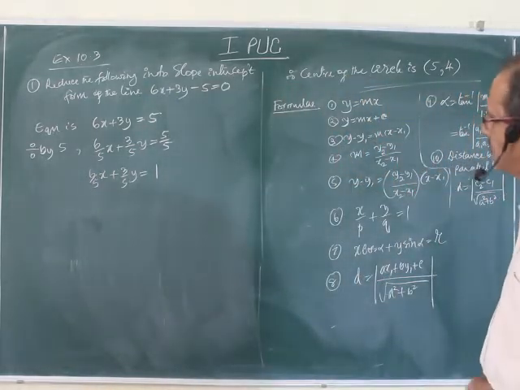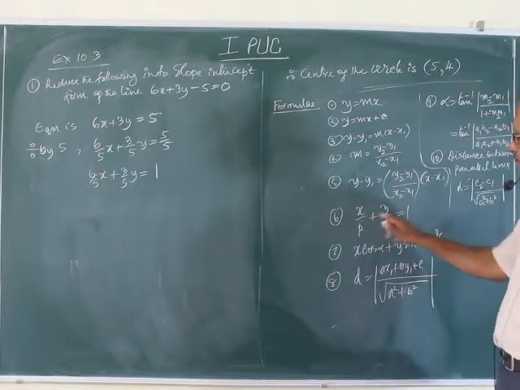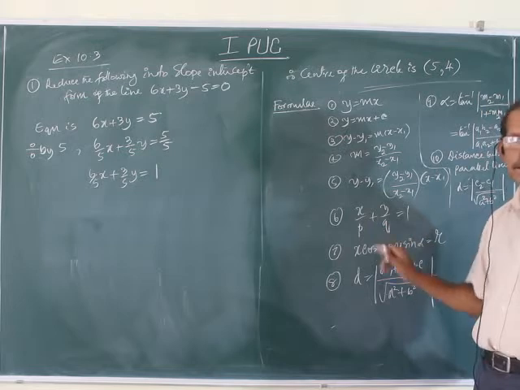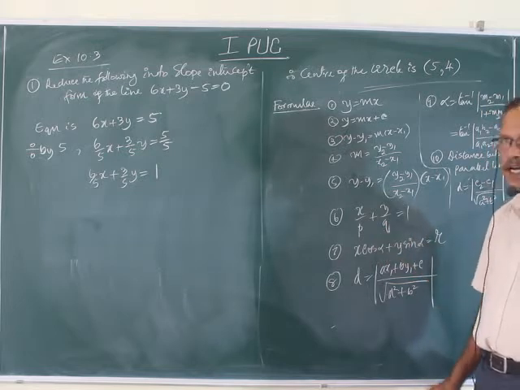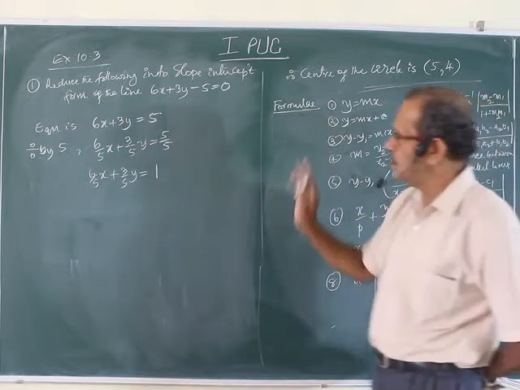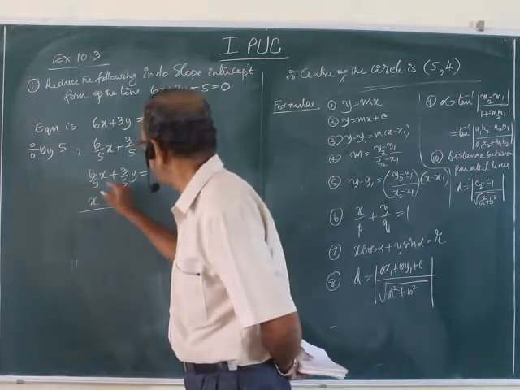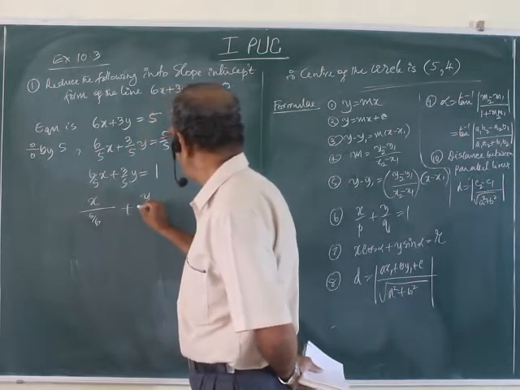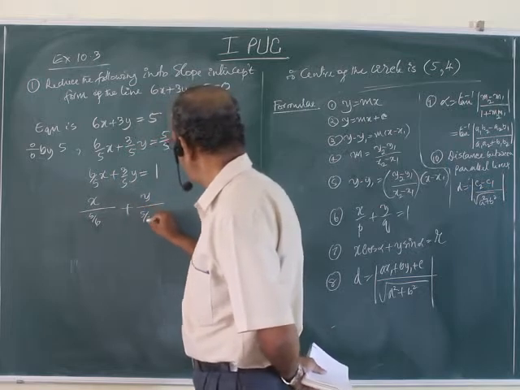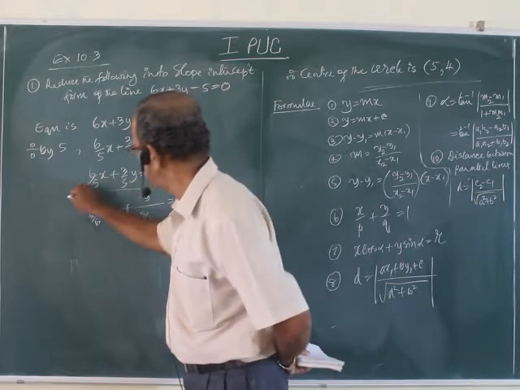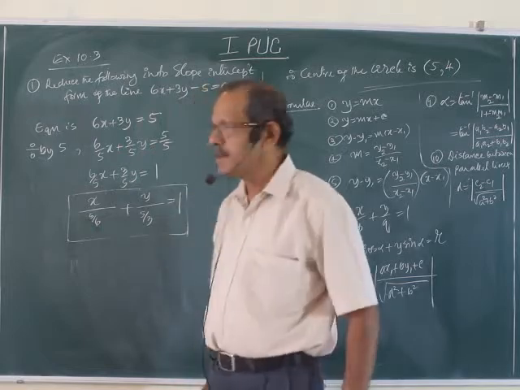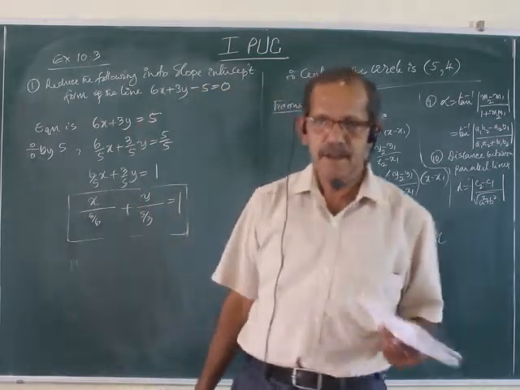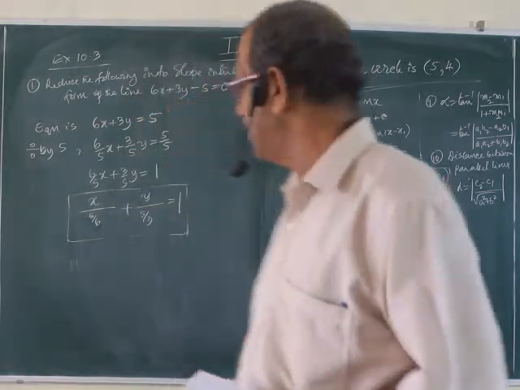Slope intercept form means this one, see. X intercept, y intercept. Bring the equation into this form. Their question is to write the answer in this form. So it is over. See, x by 6 by 5 becomes 5 by 6. Y by 5 by 3, equal to 1, over. x by p plus y by q equal to 1. Observe it carefully.